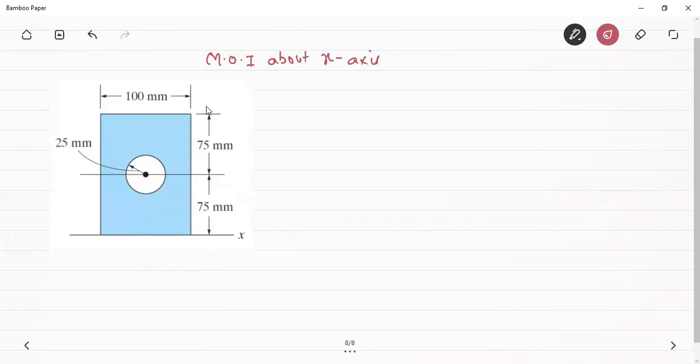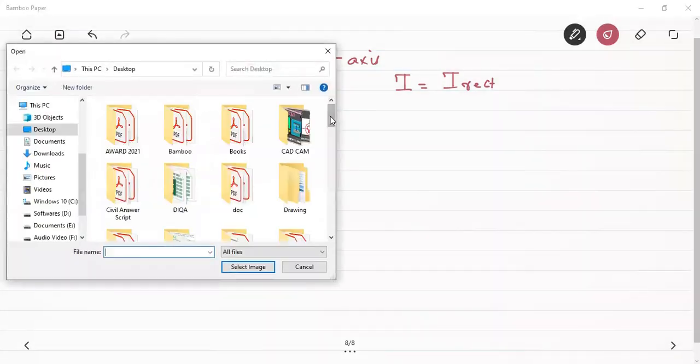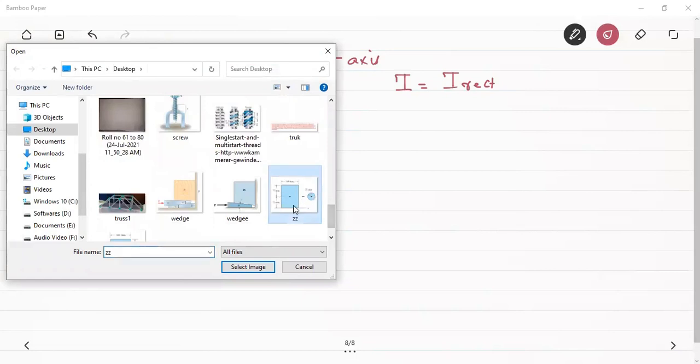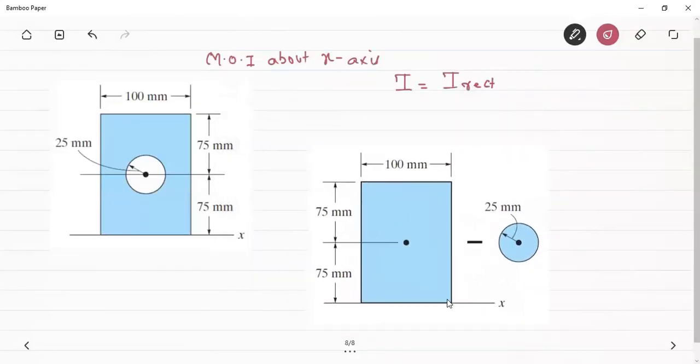So in this case you can see that the original figure was a rectangle. So the moment of inertia will be equal to the moment of inertia of the complete rectangle. First of all we will assume that this is a complete rectangle. Initially this would have been a complete rectangle.